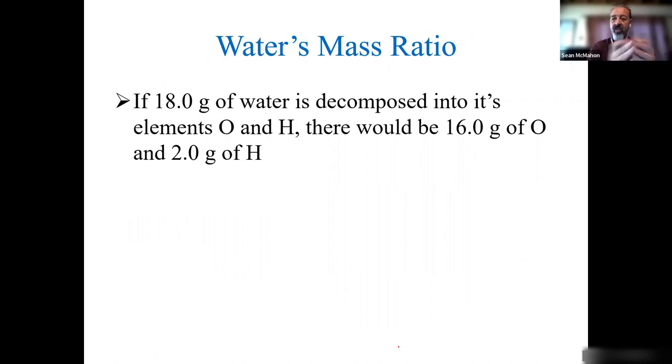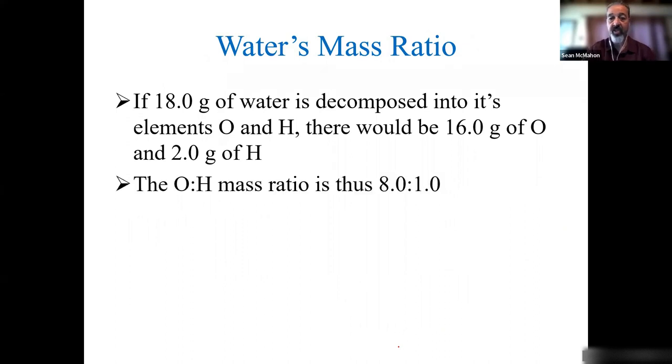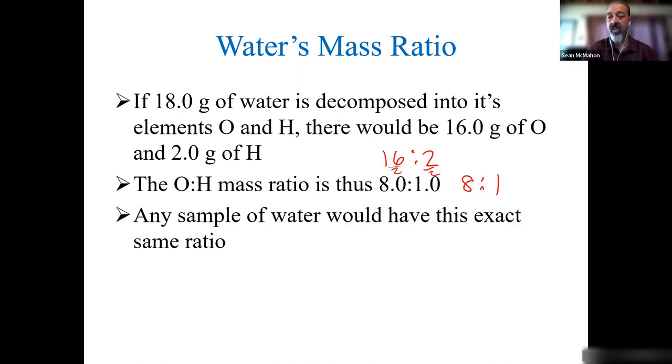But the mass ratios, if I decompose the H2O into its elements, would give me a 16:2 ratio, which simplifies. If I divide both of these by 2, I would get the 8:1 mass ratio. 8 grams of oxygen per 1 gram of hydrogen.